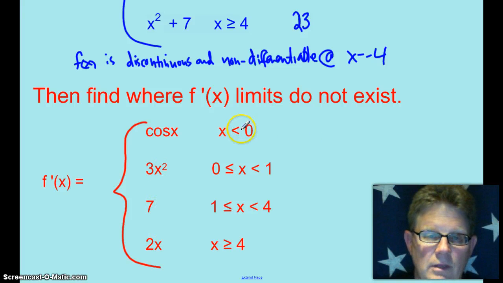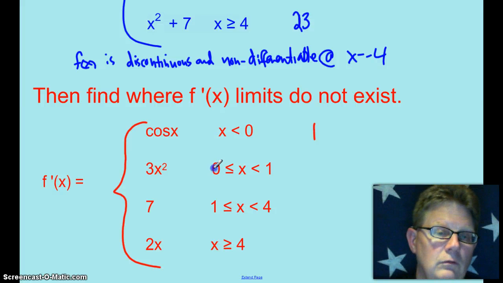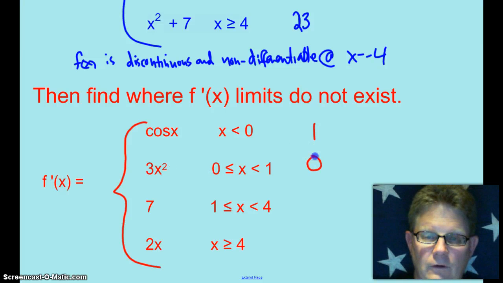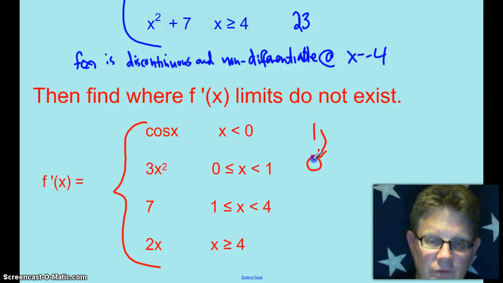So what is the limit of cosine of x as x approaches 0? 1. That is correct. What is the limit of 3x squared as x approaches 0? 0. Okay, there is a non-differentiable point because the limit doesn't exist for the derivatives.